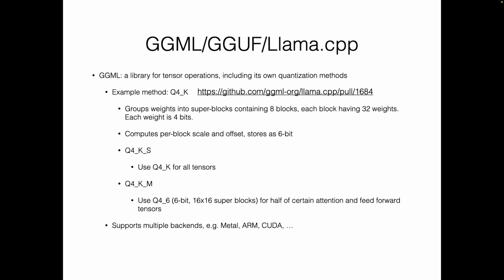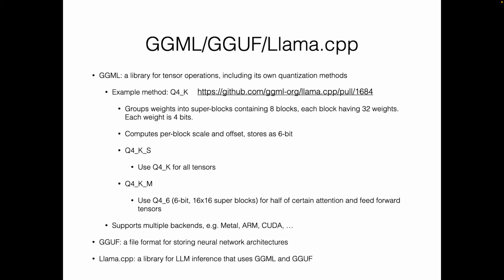And then the idea is the library will support multiple backends. So you can run it on Metal, which is the Mac specific runtime, you could run it on an ARM CPU, or on CUDA. Then two more things. GGUF is made by the same group, and it's just a file format for storing architectures that use the things up here.